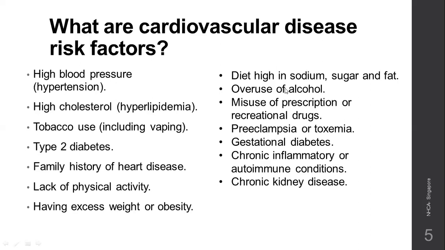When these three conditions coexist together, we say the mother is suffering from preeclampsia. How does it turn into eclampsia? Just an addition of one more symptom, and that is convulsions, fits. If a pregnant mother gets convulsions or fits, she is now an eclamptic mother. She is suffering from eclampsia.